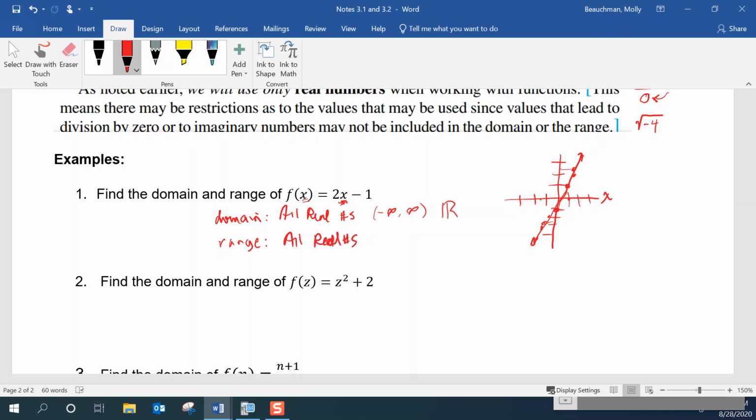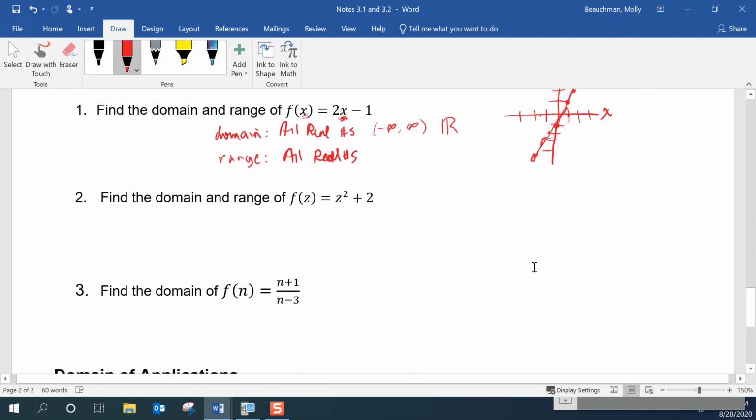Okay, so linear functions, domain and range, are always all real numbers, if it's not a vertical or a horizontal line.